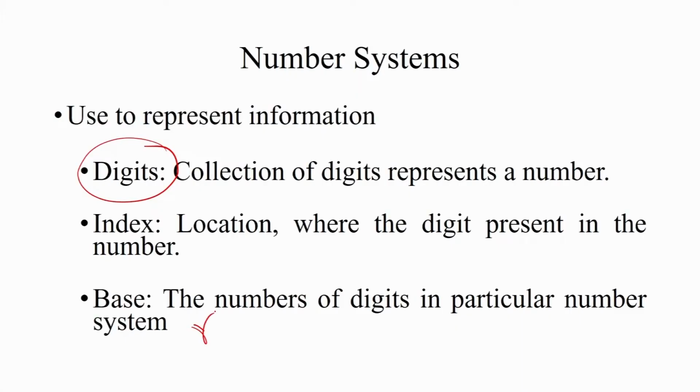The number of digits used in a particular number system is identified by its base, and the base is generally represented by R. So R is the base of the number system, and based on its value, suppose R is equal to 2, we can only use 0 and 1.